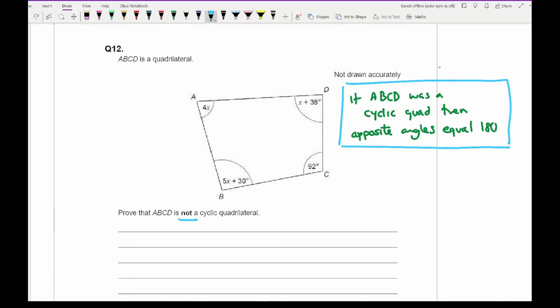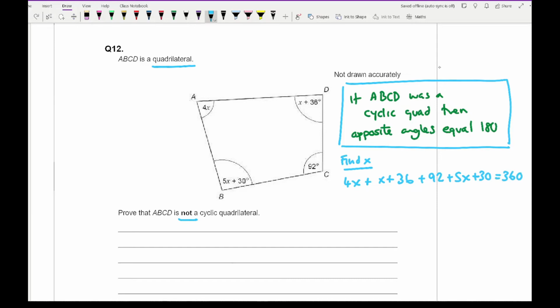Now, what I need for this is to know some facts. I know for a fact that whether a quadrilateral is in a circle or not, all the angles need to add up to 360. So first of all we need to find x. So we know that 4x plus x plus 36, yes it is, plus 92 plus 5x plus 30 must all add up to 360.